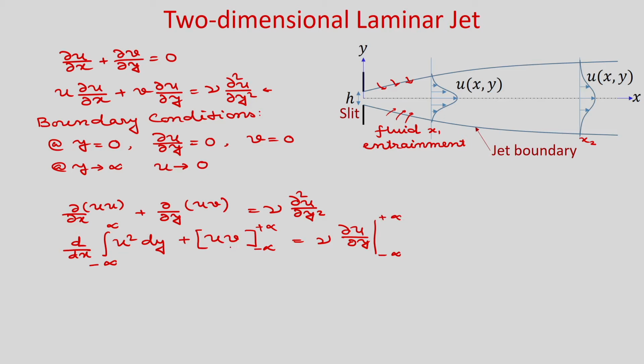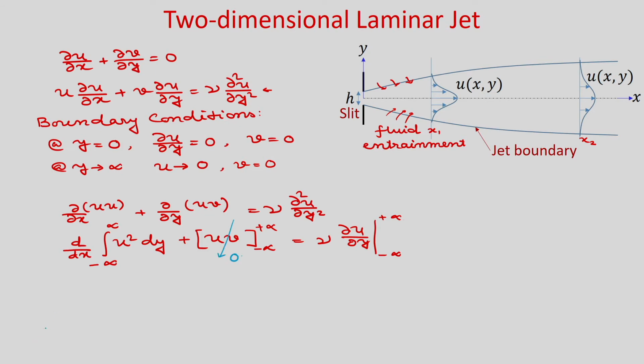So, you can see that at y tends to plus minus infinity, u and v are 0. So, obviously, this term will become 0. So, this is 0.